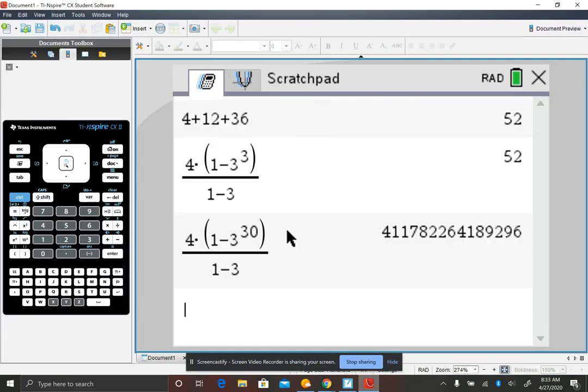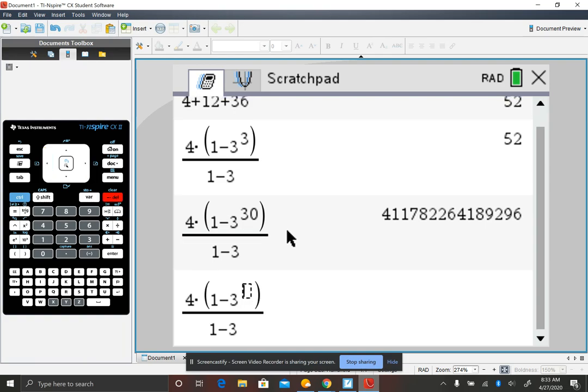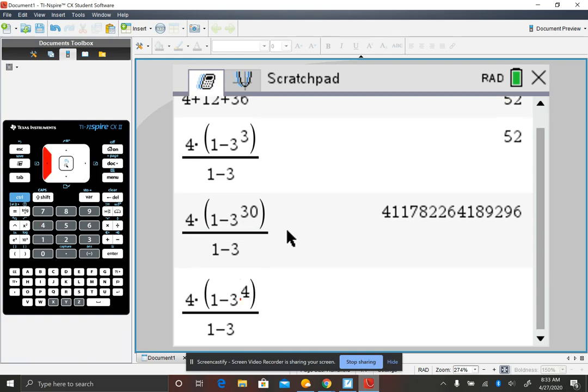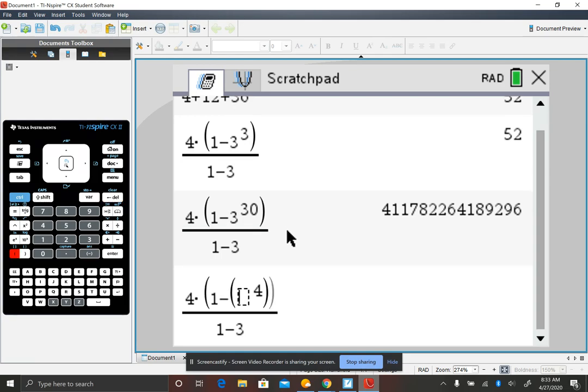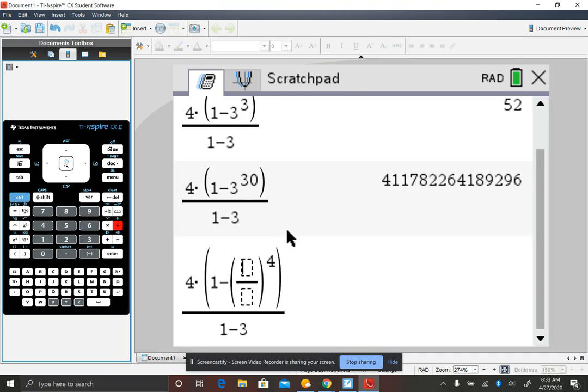So I'm going to go here just to work through it again. In this case, I'm going to change my exponent to 4. I'm going to change my constant ratio to half. I'm going to change my first term to 50.